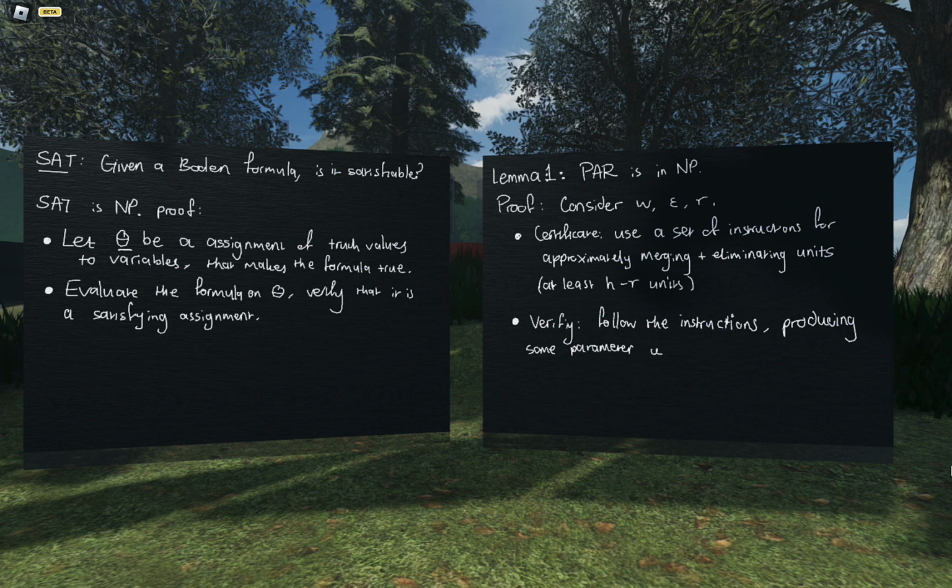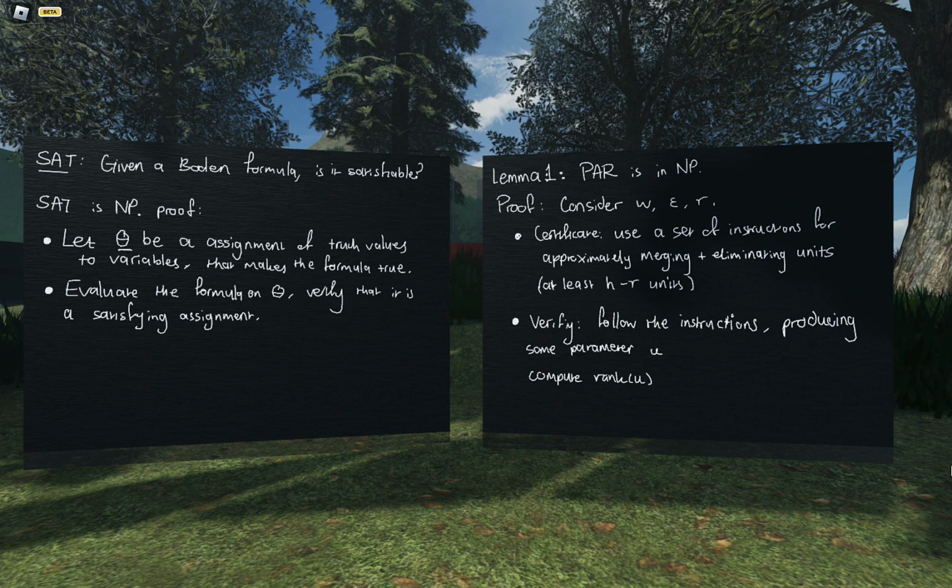Because each of the instructions corresponds to reducing the rank by 1 if the instructions are valid, you should be able to check that happened by computing the rank of that parameter. And computing the rank, we know, is a polynomial operation.